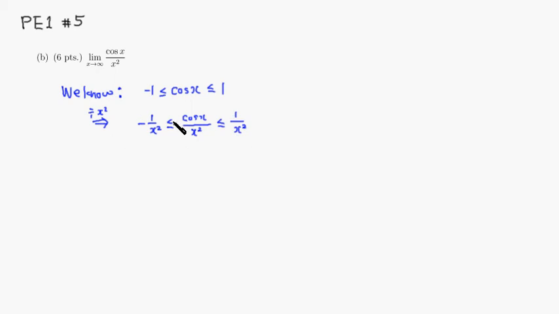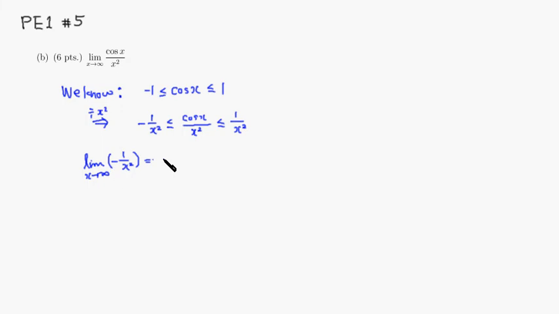So instead of looking at the middle guy directly, we're going to take the limit of the smaller guy. So we're going to look at the limit of negative 1 over x squared as x approaches infinity. All right, but this one is actually fairly simple.